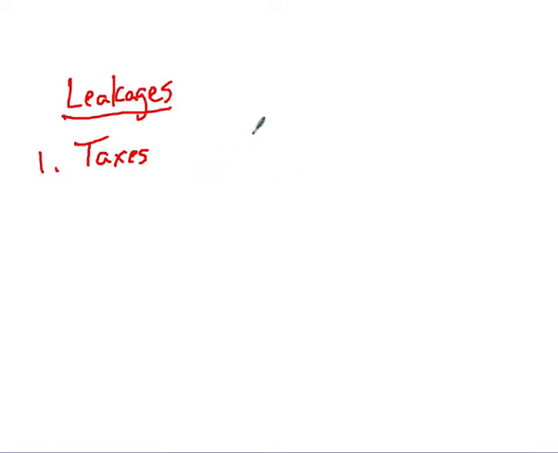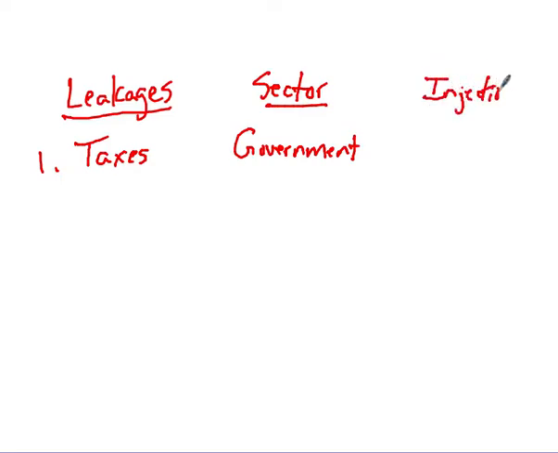Now, who do you have to pay that to? As we all know, that is the government. This is our sector, and then the question is, what does the government do with the money? They will inject it back into the economy. And how do they do that? They do it in terms of government spending.